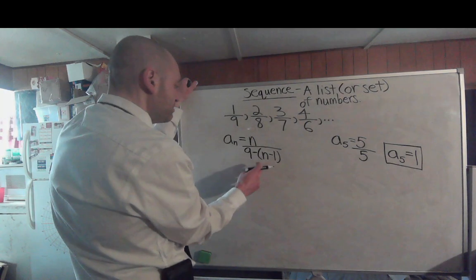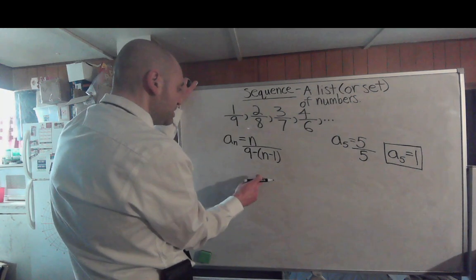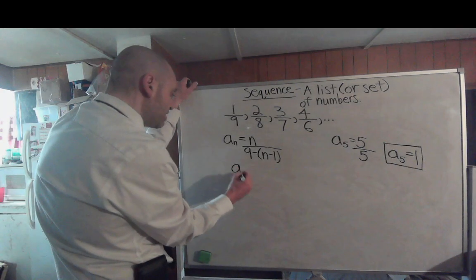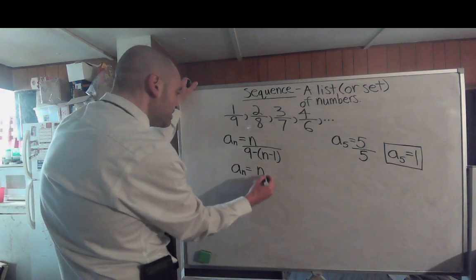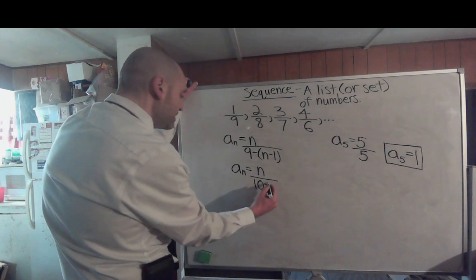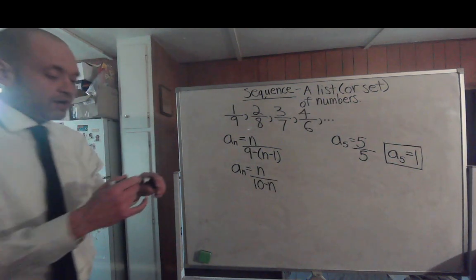So let's see, 9 minus n plus 1, which would work. So this would give us the general formula, n over 10 minus n.